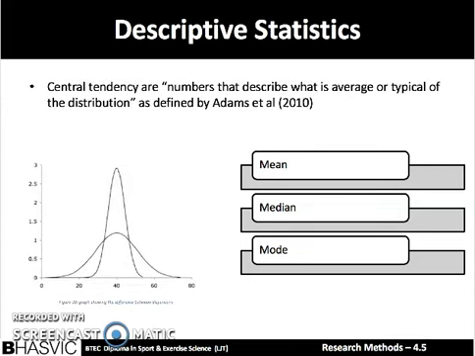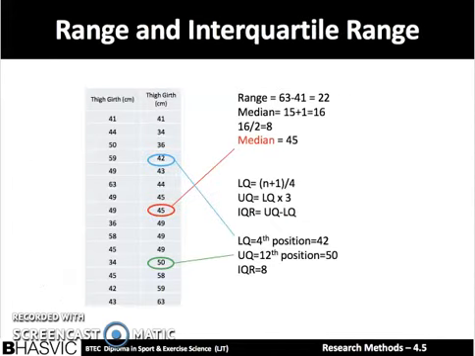So this is where we move on to dispersion then, so how spread out the data is. Range and interquartile range can be linked quite closely together. We mentioned range before as being basically the difference between the largest value and the lowest value. You can see here that I've worked an example to show both the range and the interquartile range.